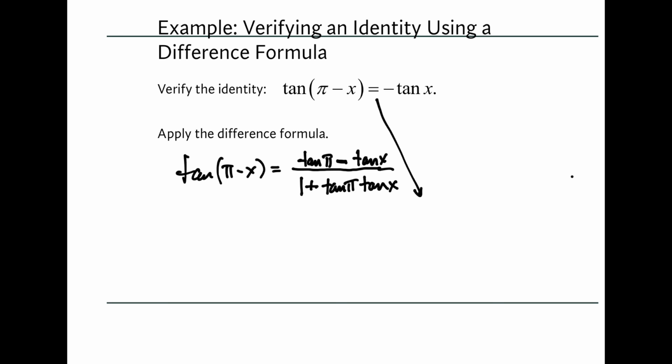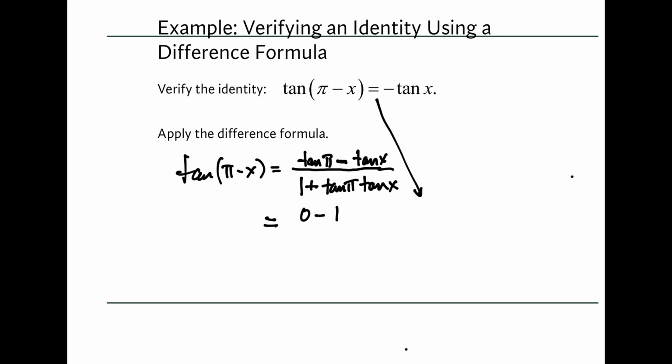So what is the tangent of pi? Well, tangent of pi, remember, is sine over cosine, and for pi, sine is 0. So that gives me 0 on top over whatever cosine is, it's -1. But 0 gives me 0. So that gives me 0 for tangent of pi.